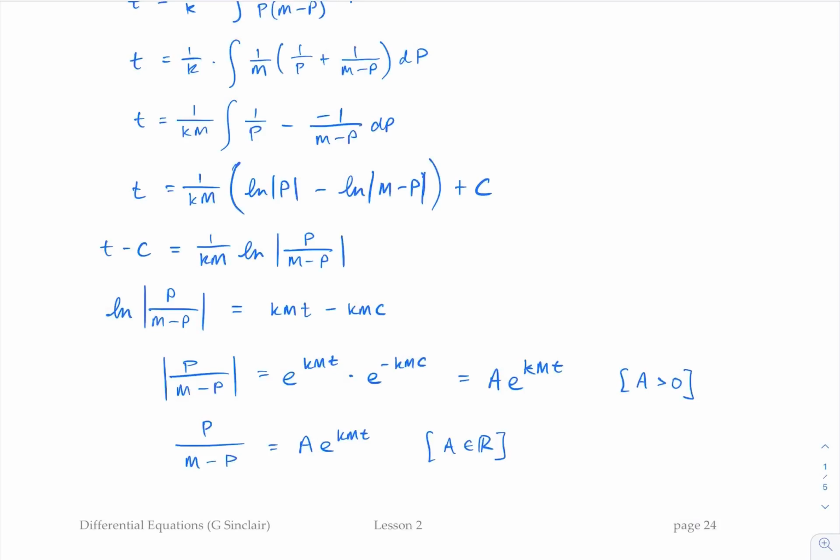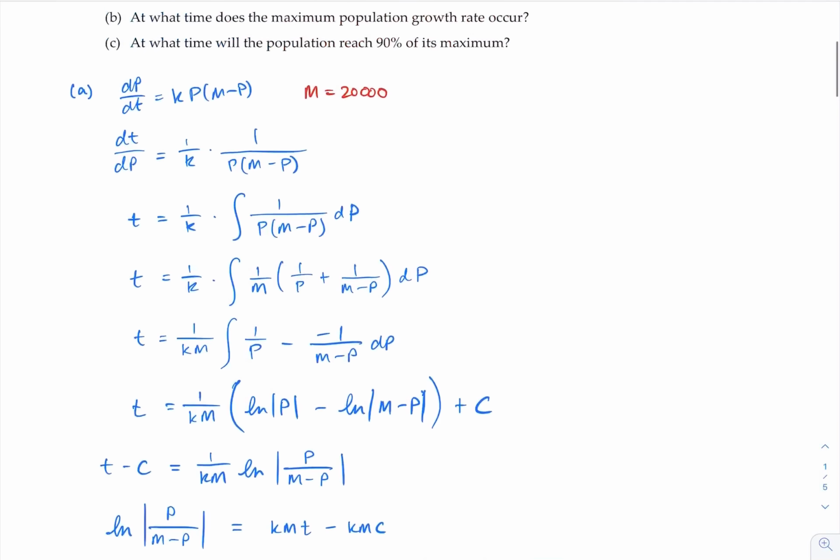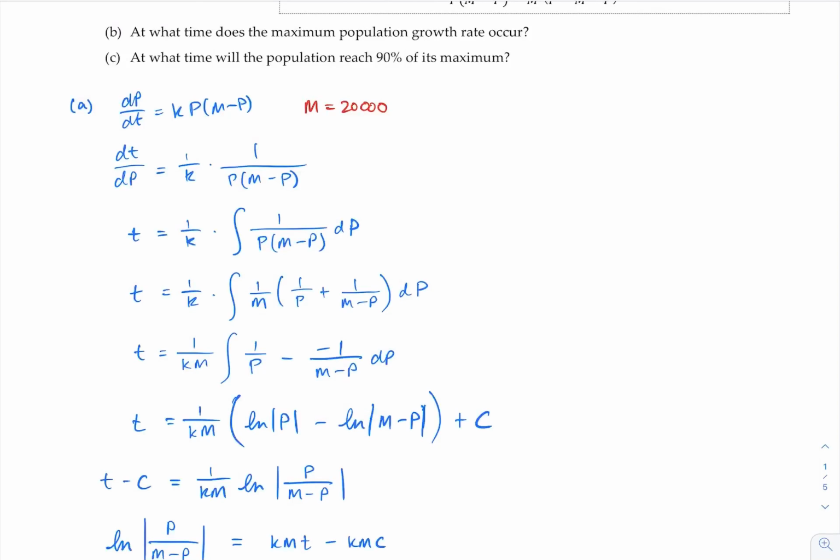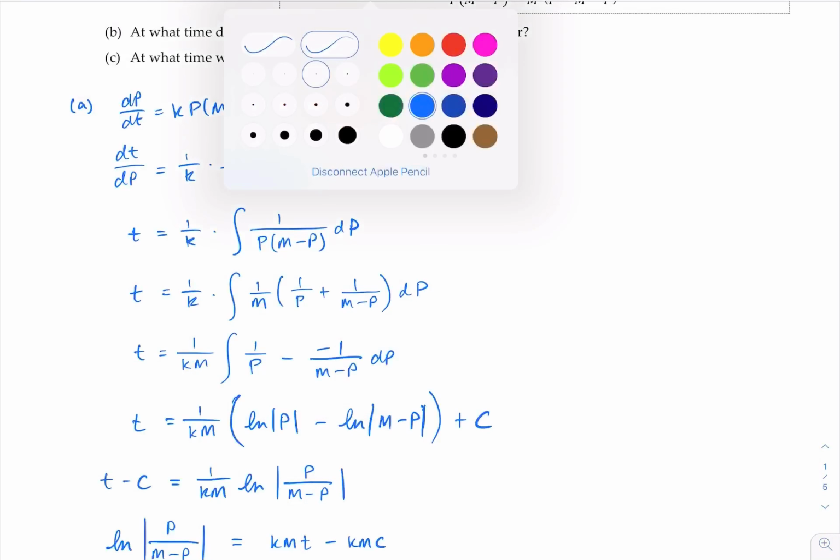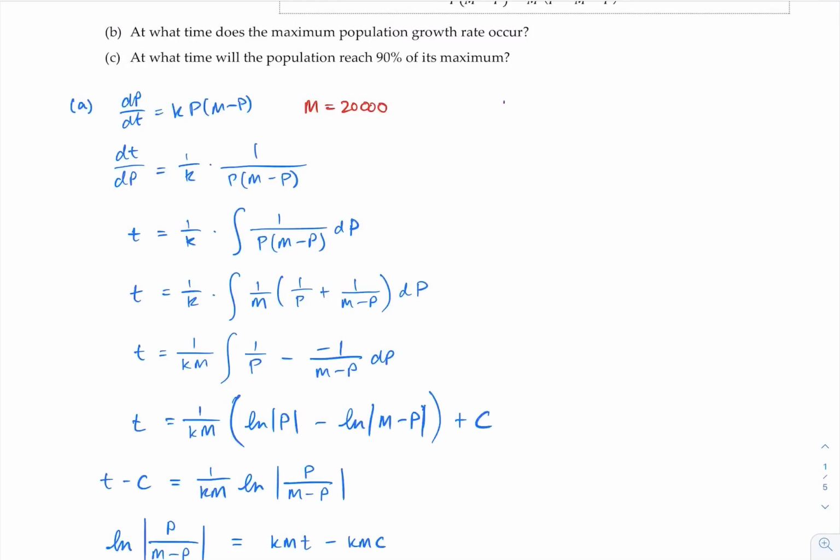What about a equals 0? That's certainly what I've indicated here, but that would mean that we've got a 0 solution here. So p equals 0 is a solution here. I'm just going to make a note here in a different color. P equals 0 is a solution to dp dt equals kp(m minus p).